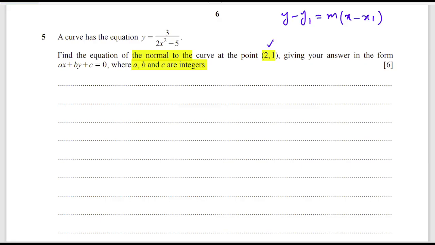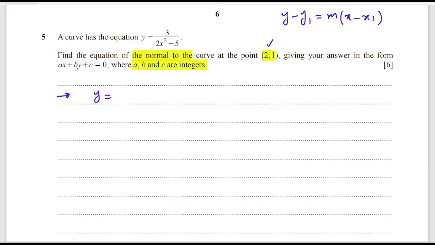The point on the normal line is given. We need the gradient of the normal line. So the simple concept to find the gradient of a normal line at a given point on the curve: first we need to find the gradient of the tangent to the curve at the given point. And the gradient of the curve is simply the derivative of the curve at the given point.